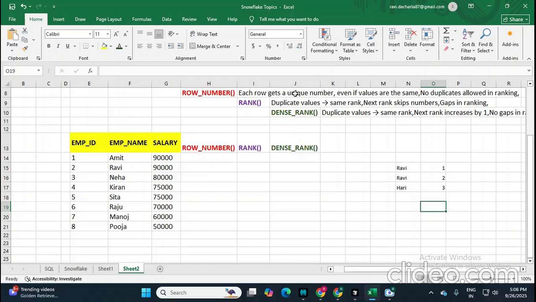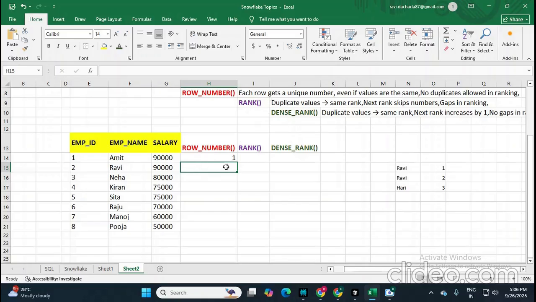We can apply the same row number logic to our example table. For example, I have a table with employee ID, employee name, and salary. I want to assign the row number based on the salary. The first salary is 90,000, so I assign 1, and the second salary is also 90,000. As we discussed, even if values are the same, each row gets a unique number.